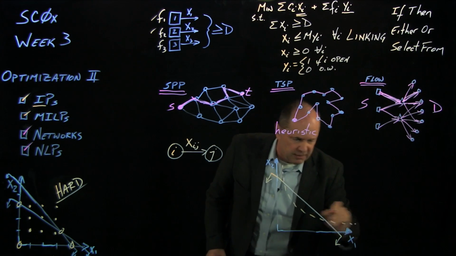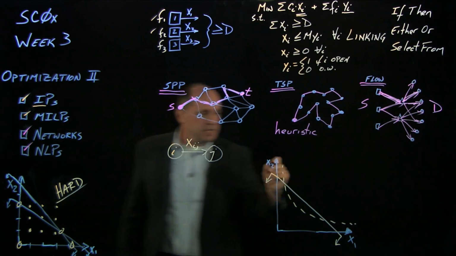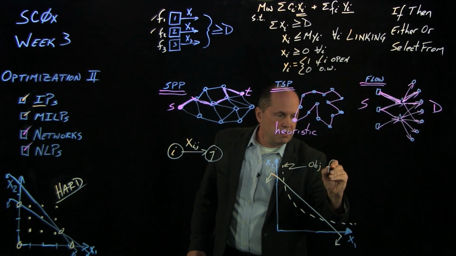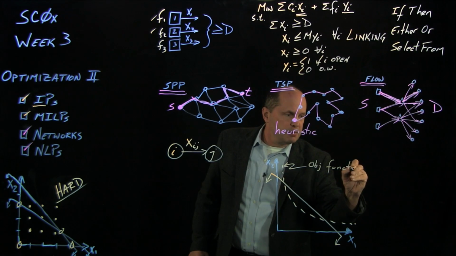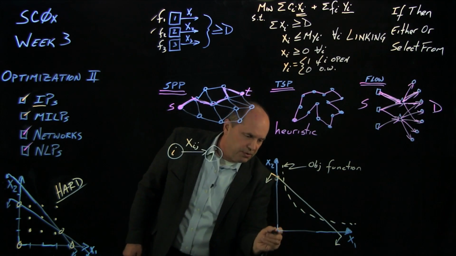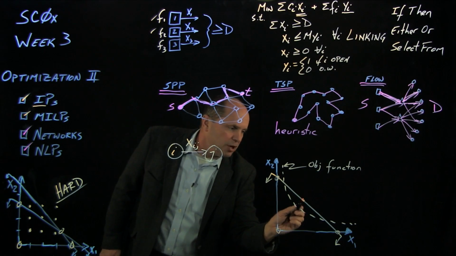What if it looks like something like this? You can see probably why this makes it difficult. So if this is my objective function, where's the optimal solution going to be if I'm maximizing? Well, it's not going to be at one of those corners, which linear programming is so good at and so efficient. It's actually going to be somewhere here.